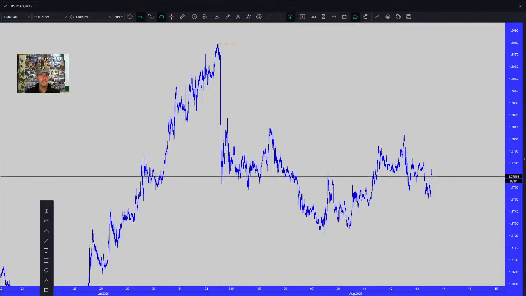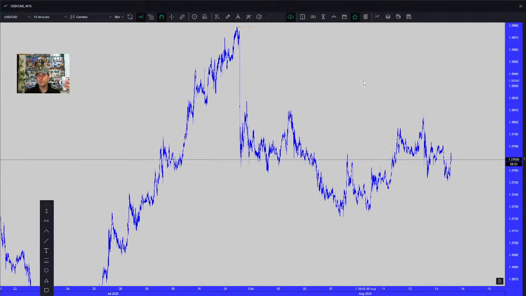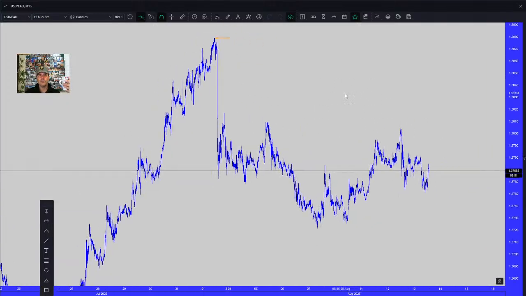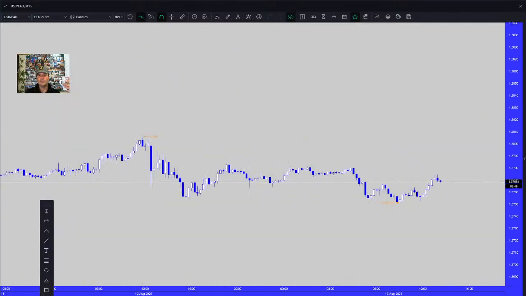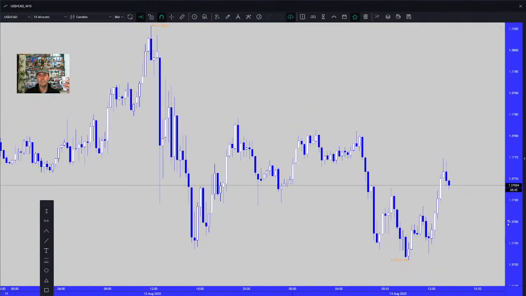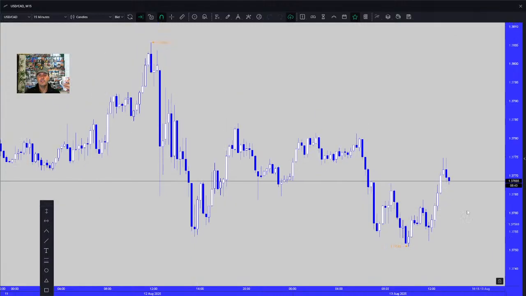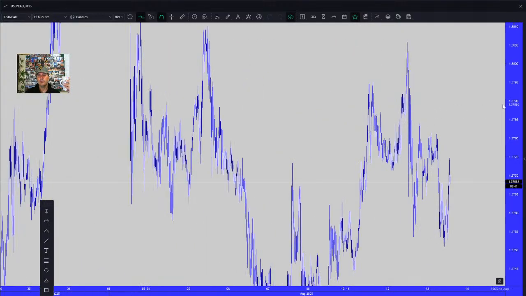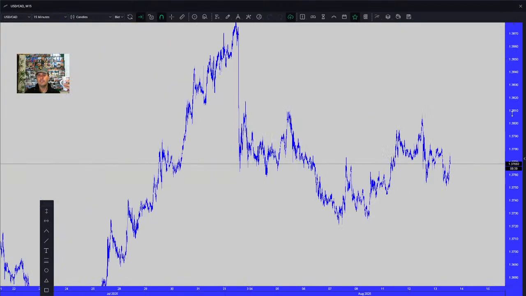You can tell whatever you want, it's not really a problem. It's USD CAD 15-minute chart. Play around with the chart a little bit, zoom in like this. TradingView, it's alright, not a problem. You can use whatever charting software you prefer. Zoom in or zoom out, have fun, right?